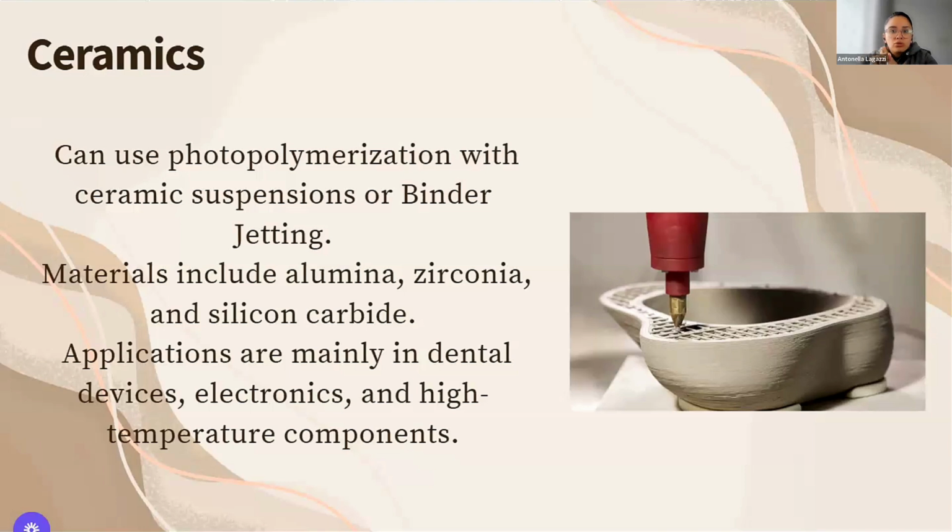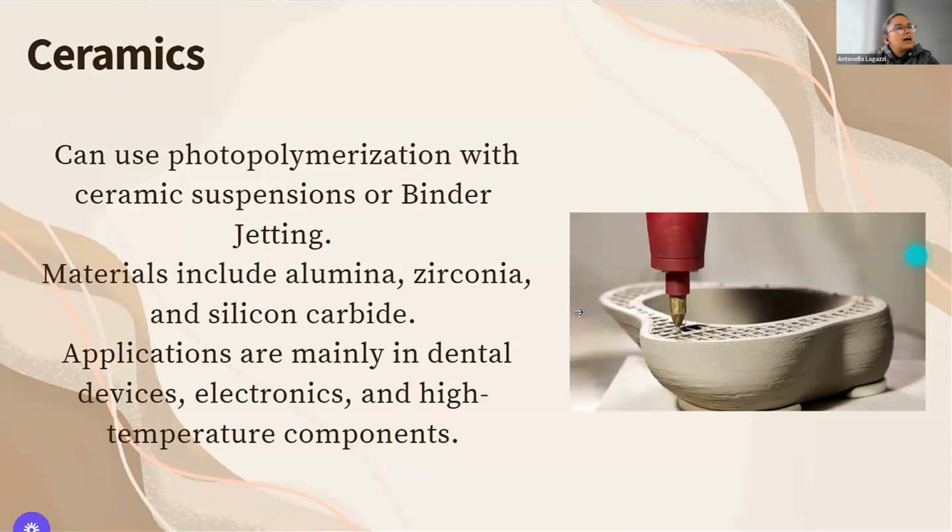And we can use the process that we talked about before, binder jetting, with ceramics too. Some materials in this group of ceramics, we can hear about alumina, zirconia, and silicon carbide.